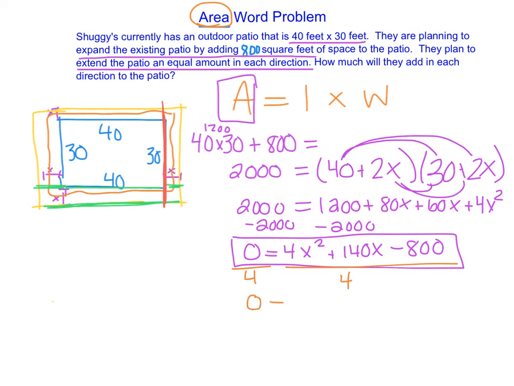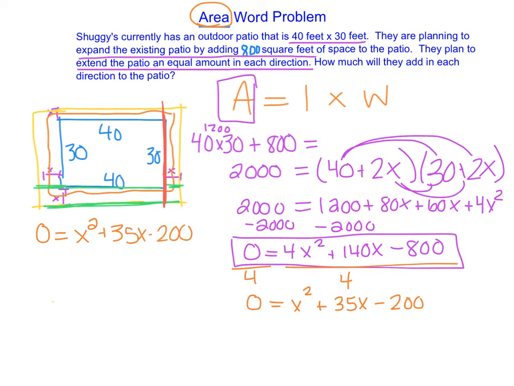So we have 0 is equal to 1x squared plus 35x, and then negative 200. So I need to solve that quadratic, which it's not perfect, but at least it's a little bit easier to work with. So I'm going to write this over here. I have 0 equals x squared plus 35x minus 200.